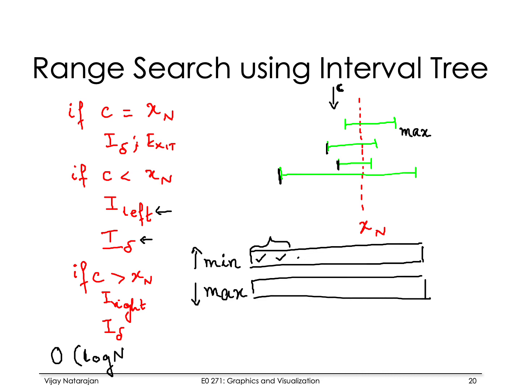The time taken to process I sub delta in both these cases is exactly equal to the number of isosurface cells. Remember that we have pre-sorted the two arrays based on the min and max values, and we read only as many elements from the array as the number of isosurface cells that come from I sub delta.